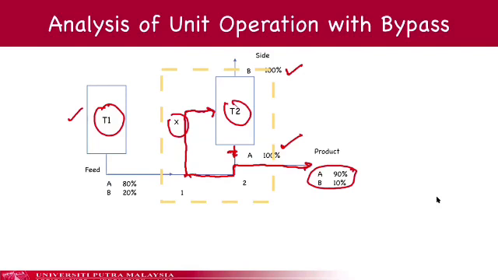What are the compositions of A and B for stream X? They are just similar to our feed stream, because it is just a splitting point. Similarly, the stream going into the mixing point has the same A and B composition as our feed stream.